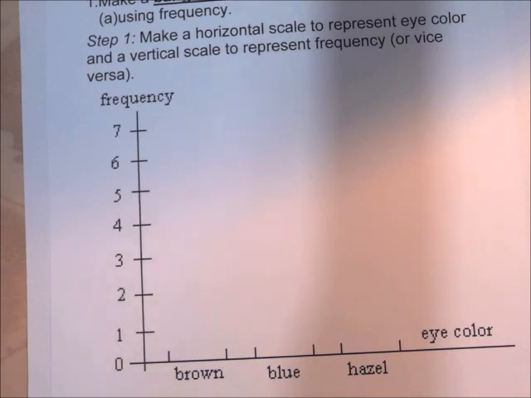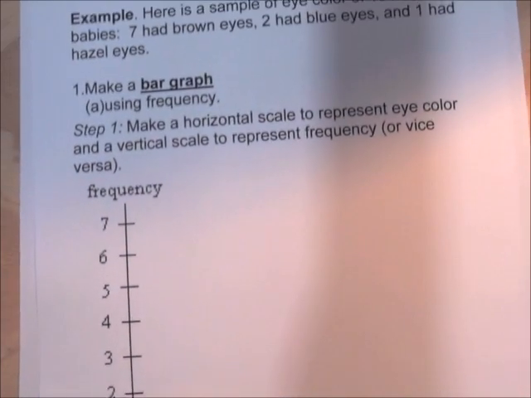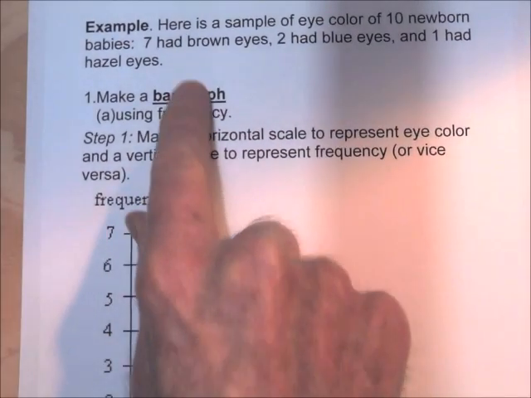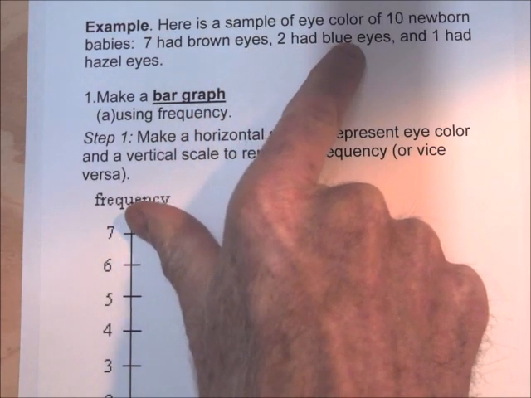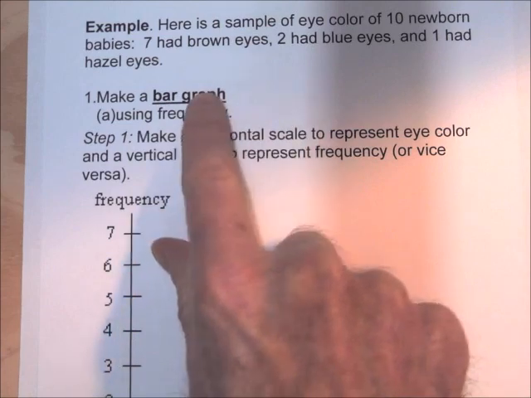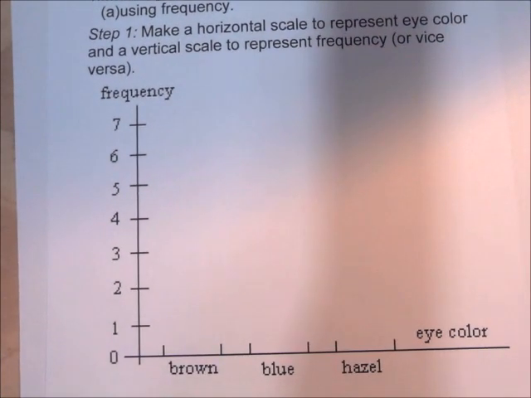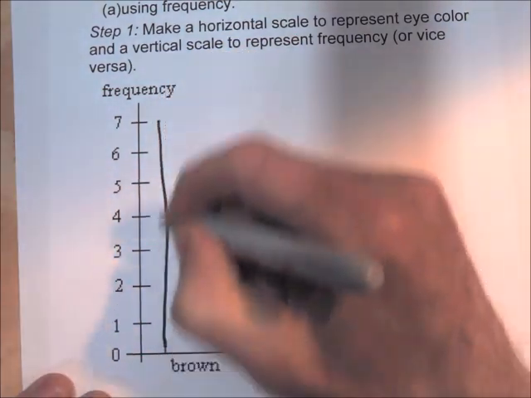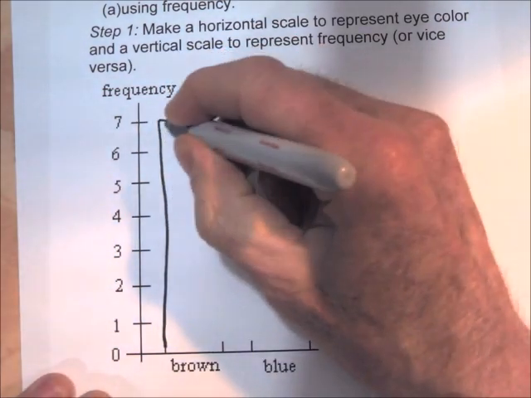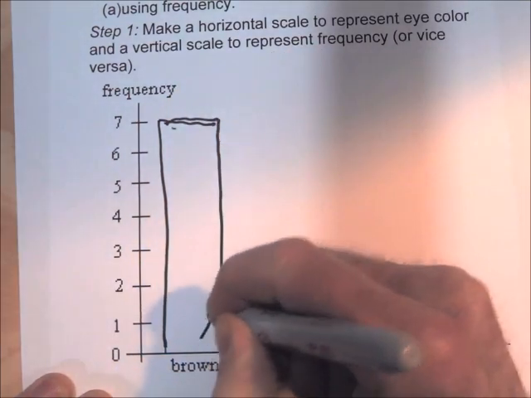So 7 babies had brown eyes, and so the bar goes up to 7. 2 had blue eyes, the bar goes up to 2. 1 had hazel eyes, the bar goes up to 1. Okay, so we make a bar for each. This one is for brown eyes, and it goes up to 7.